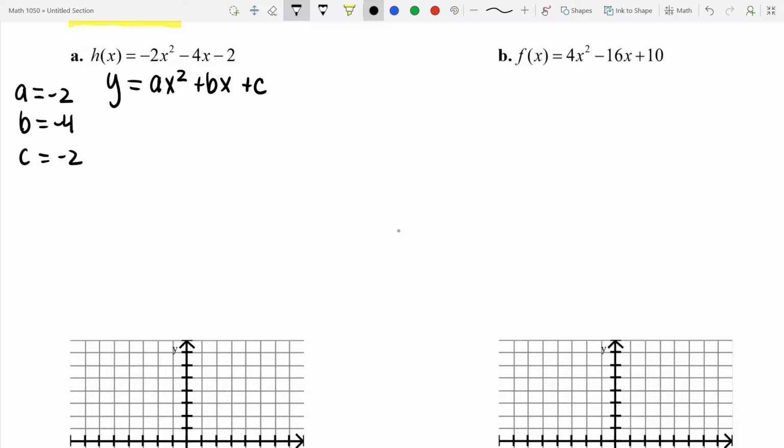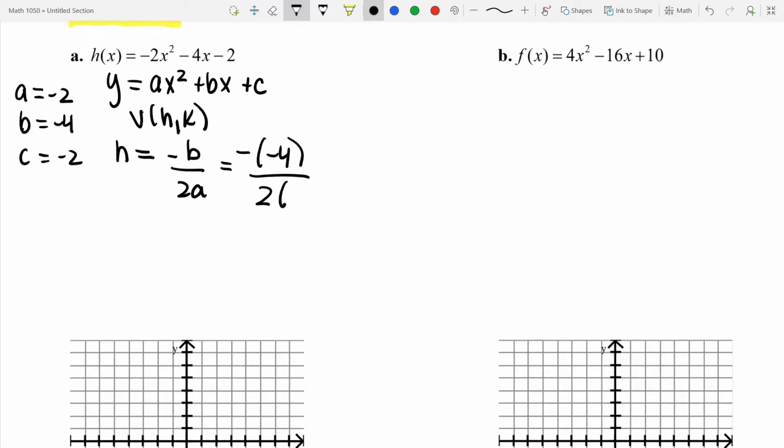Now I want you to write this down. My vertex is h, k. To find my h equals negative b over 2a. So that's negative negative 4. That's negative b over 2 times a, which is a negative 2.